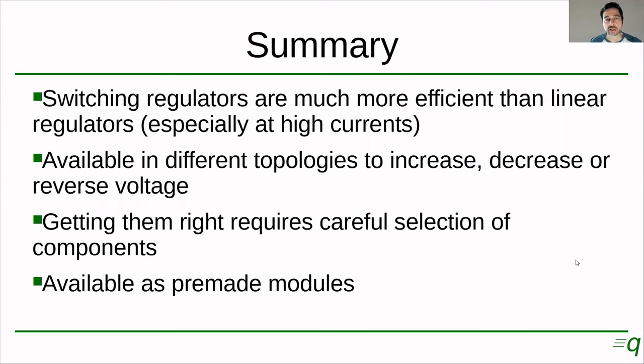Switching regulators are available in different topologies that can increase, decrease, or reverse the voltage. And getting them right requires careful selection of components. But fortunately, they are available as pre-made modules. So if you need one of these, it may not be worth trying to design your own, but just get a pre-made one and drop it in your circuit.